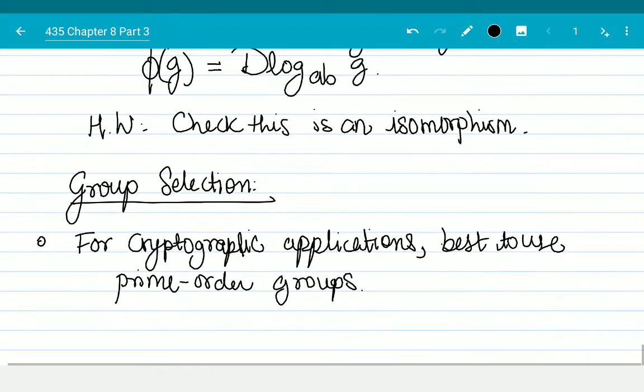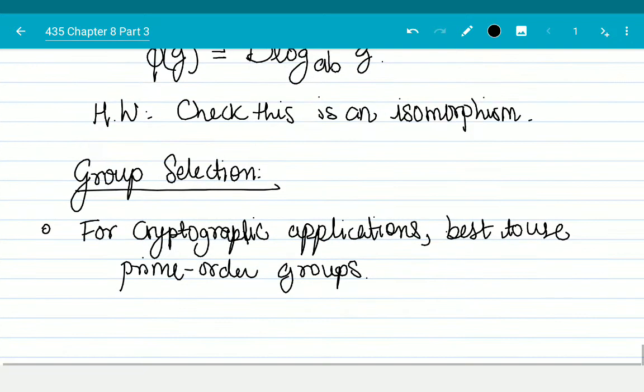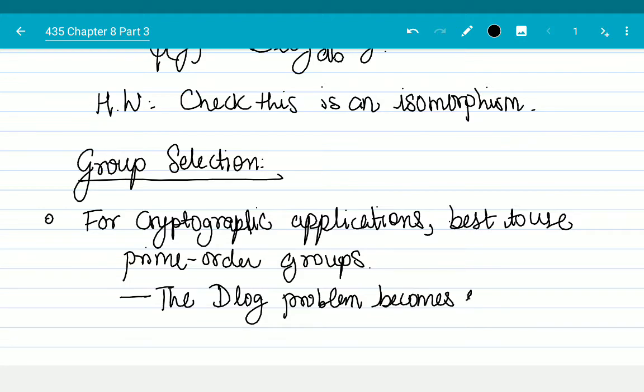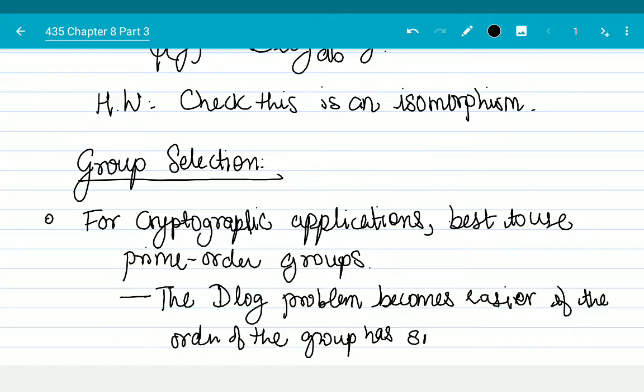There are reasons. First, the D-log problem becomes easier if the order of the group has small prime factors.